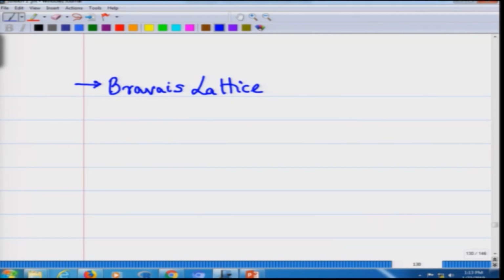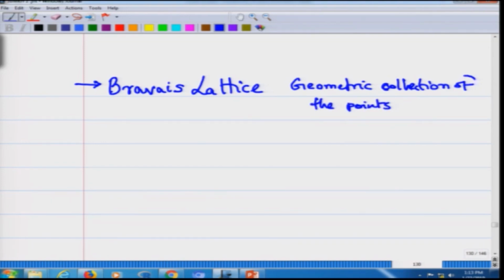It is not any collection of points, but there is a particular requirement that the geometric collection of these points should satisfy something.